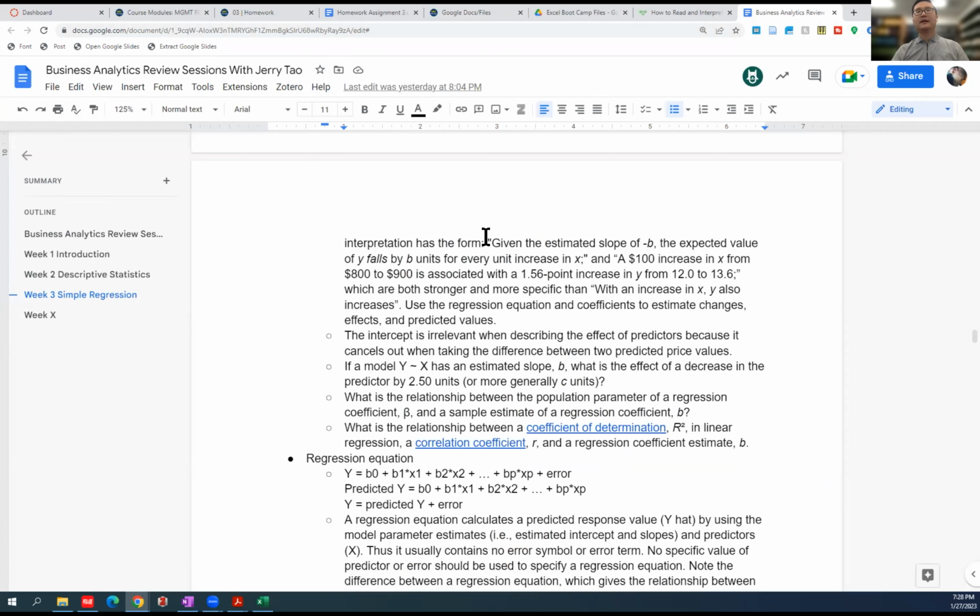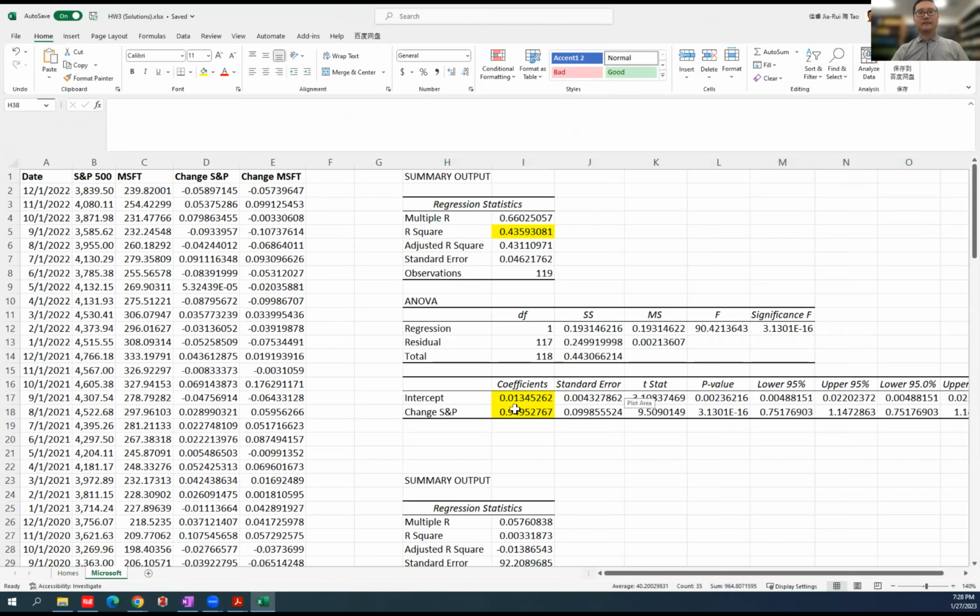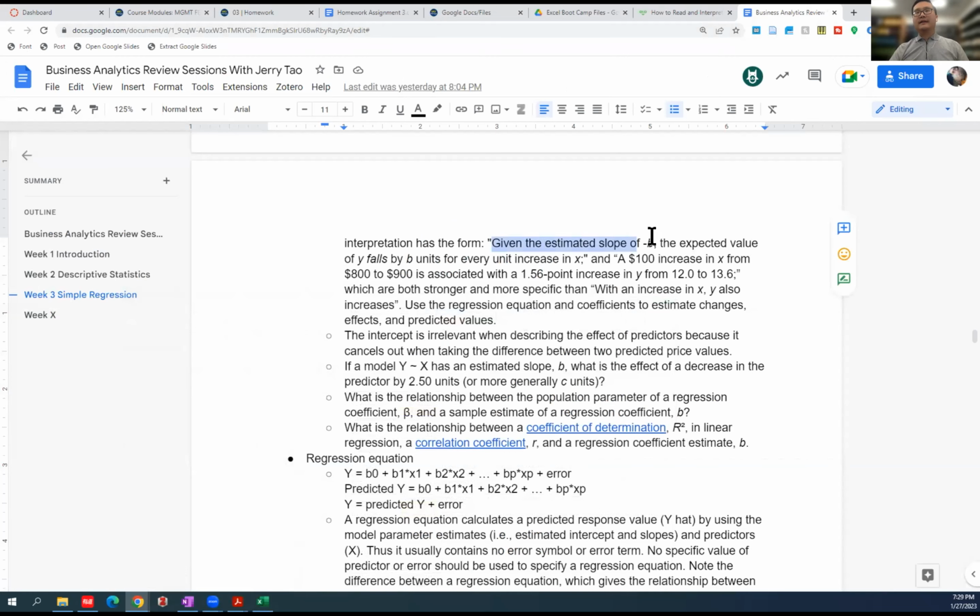Given the estimated slope of, for example, 0.95, the expected stock price of Microsoft would increase by 0.95% for every 1% increase in the S&P stock price.